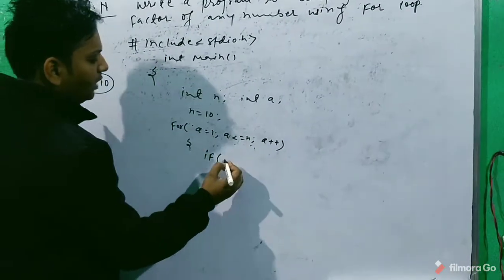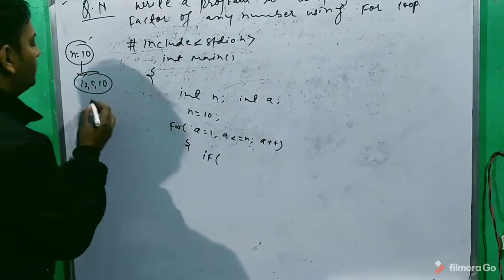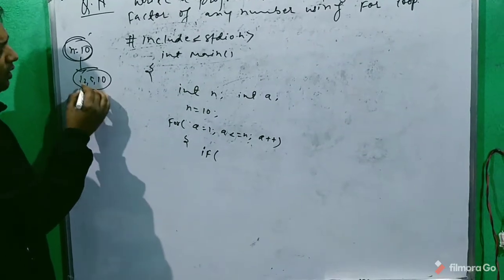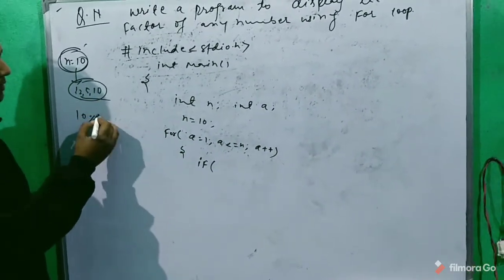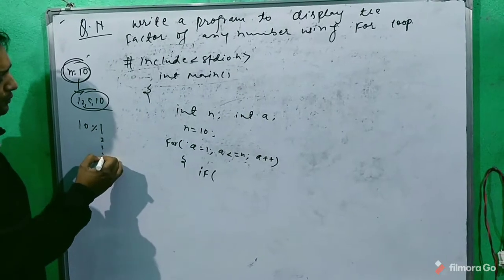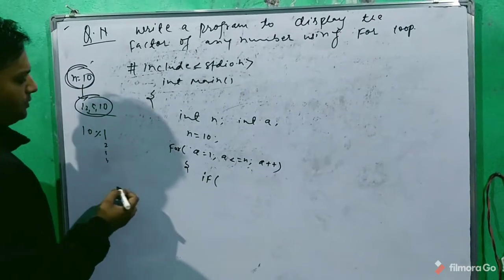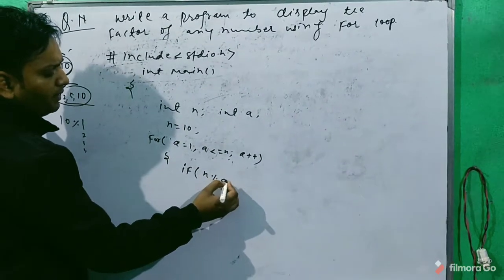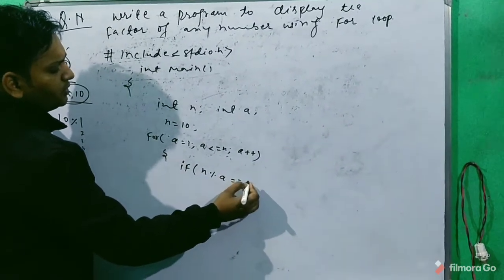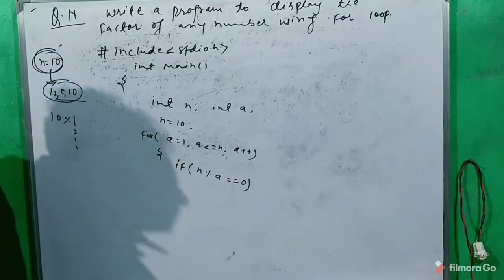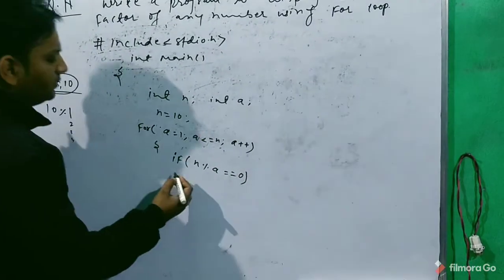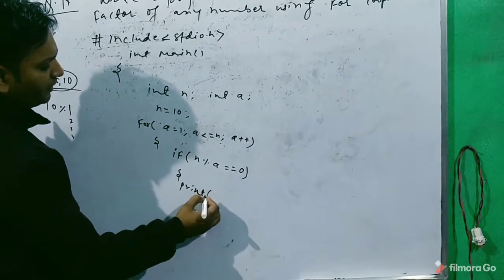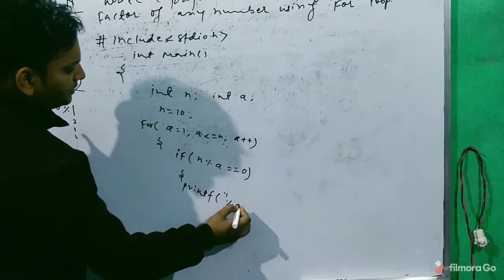We divide the number by all the values 1, 2, 3, 4 up to n. The condition is: if n is divisible by a, whose remainder is equal to 0, then that is a factor of that number.